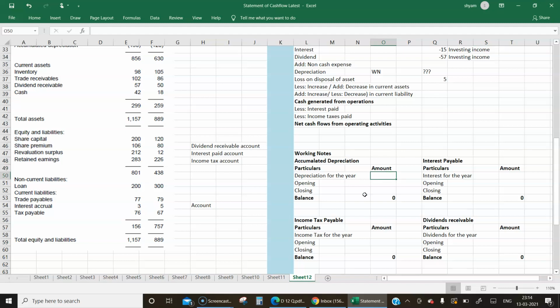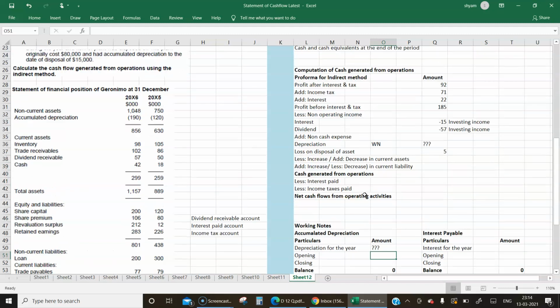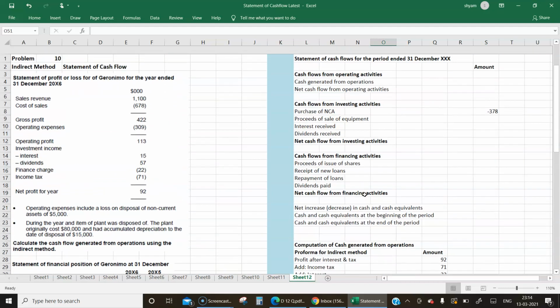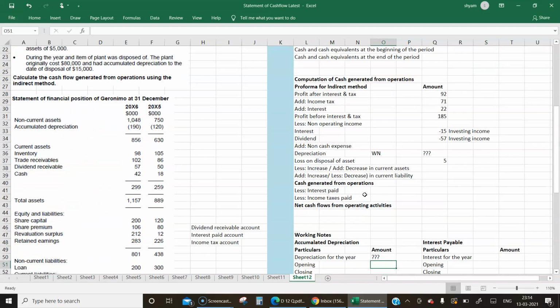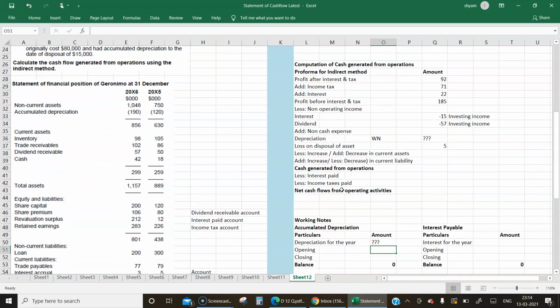But the opening accumulated depreciation was 120, and closing is 190. So the depreciation for the year should have been the addition. The addition is 70, the difference between the opening and closing. So I think depreciation for the year should have been 70.